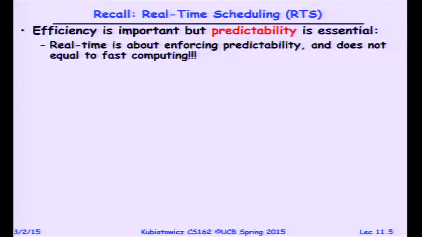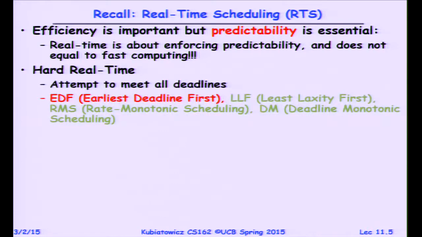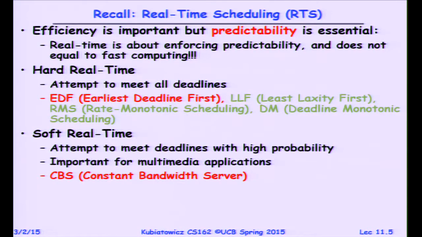And then the final thing we talked about last time was real-time scheduling, where what's important is predictability, not necessarily efficiency. We talked about hard and soft real-time, where hard real-time is really trying to meet the deadlines of all tasks. And we talked, in fact, about earliest deadline first. The idea here is literally that I know when something has to happen in order to meet my constraints.